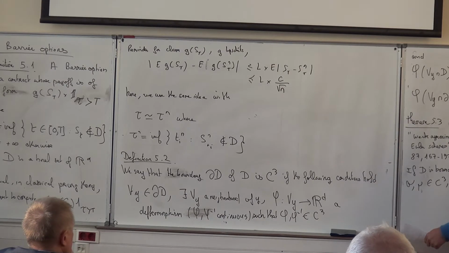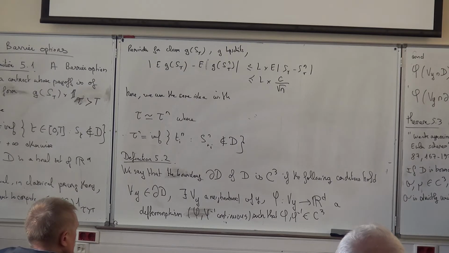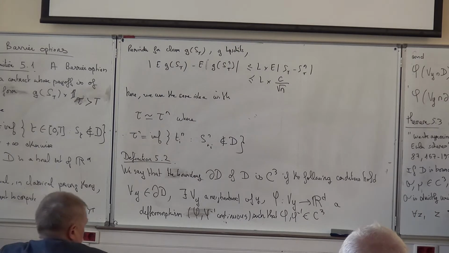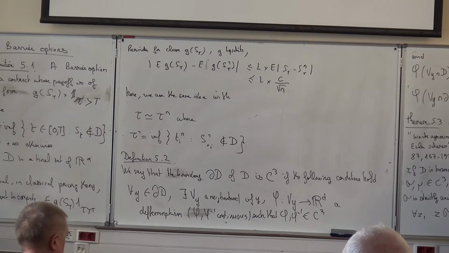And at last, if sigma is strictly uniformly elliptic, that is, for every z, z' sigma z is a quadratic function defined by sigma.